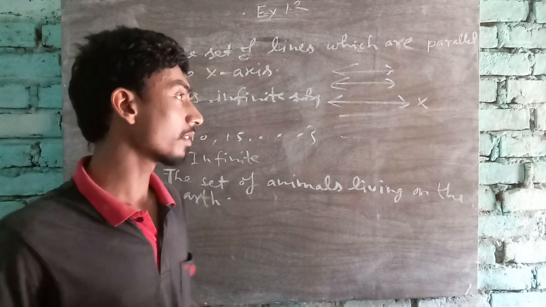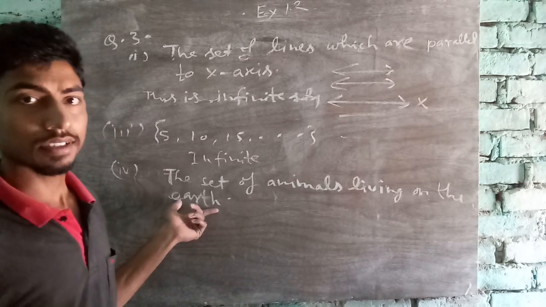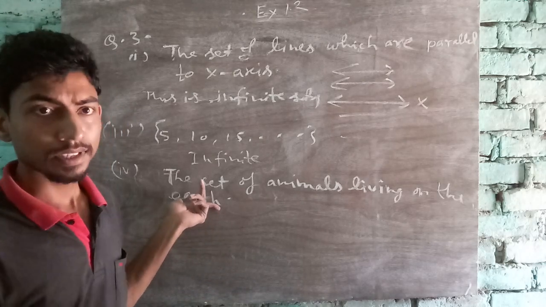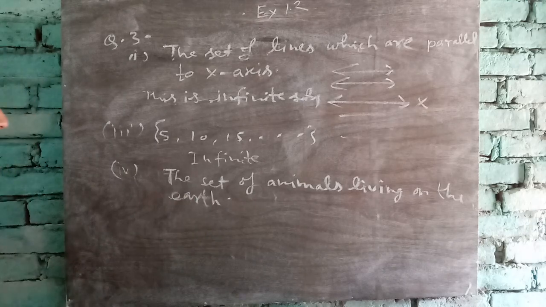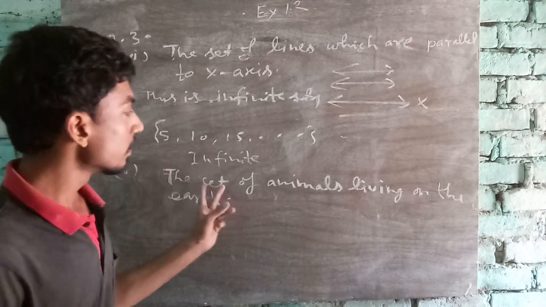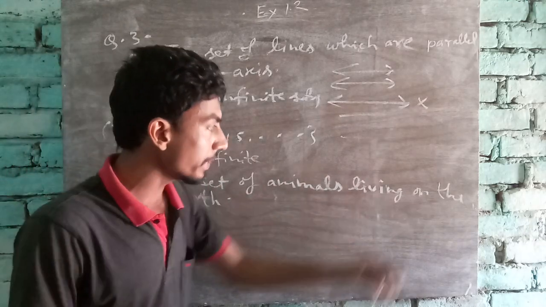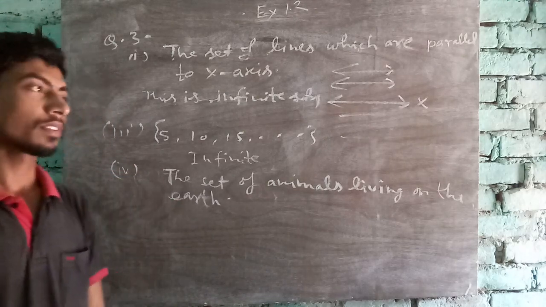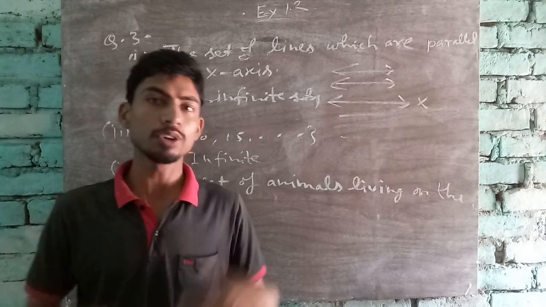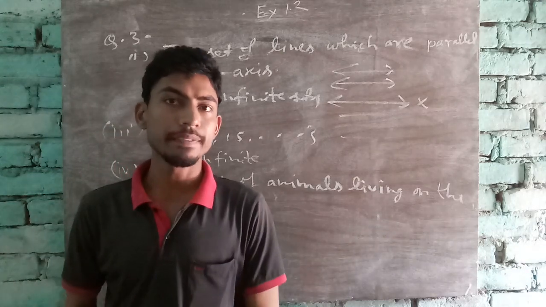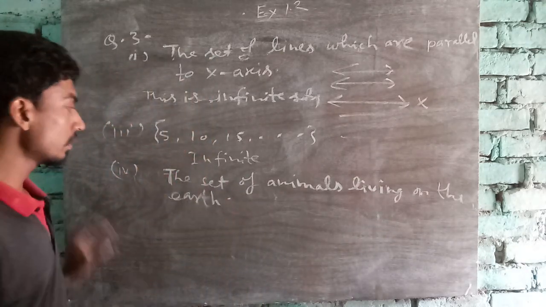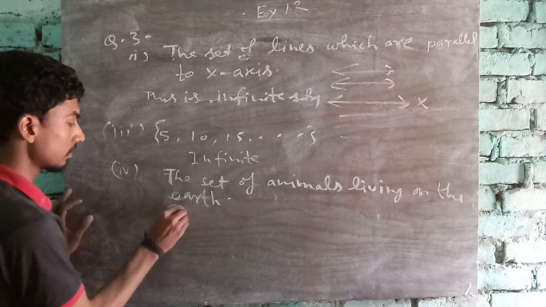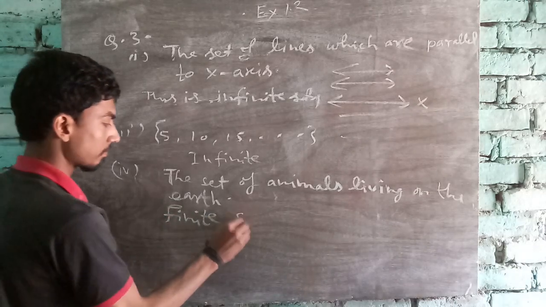Because this is a quite big number, this is a finite set, क्योंकि ये नंबर जो है बहुत बड़ा होगा और डेफिनिट हो सकता है ना, therefore it is a finite set, डेफिनिट होगा.